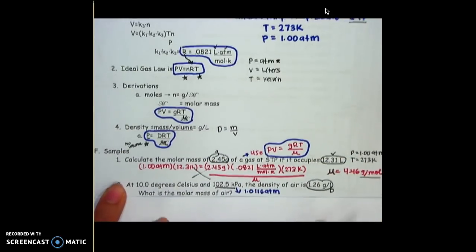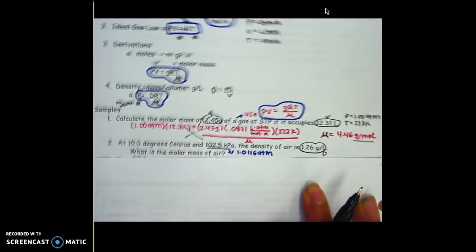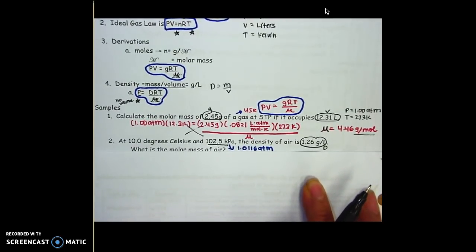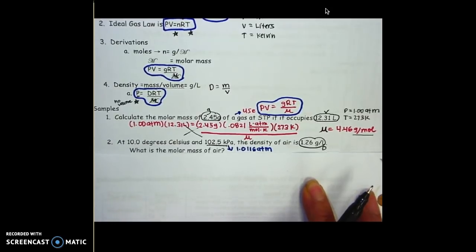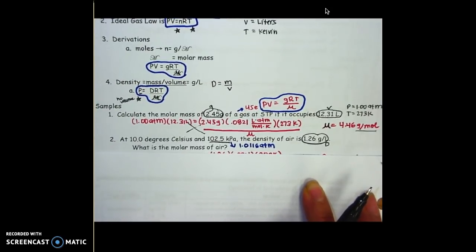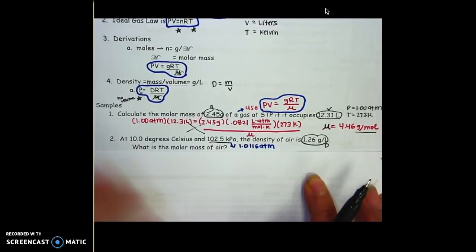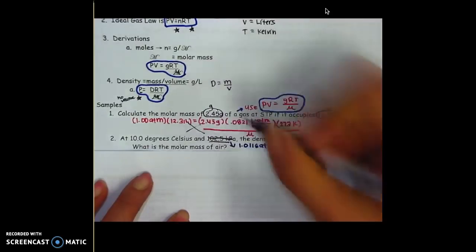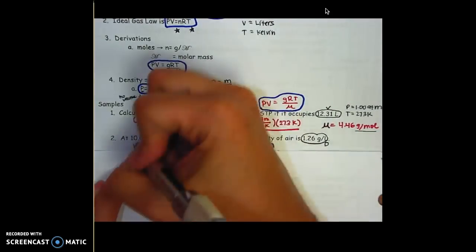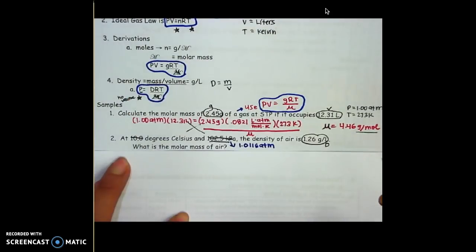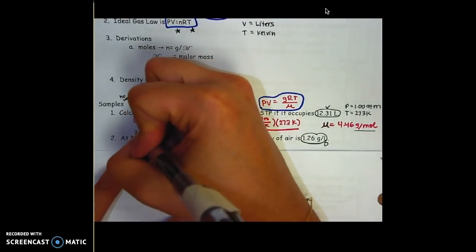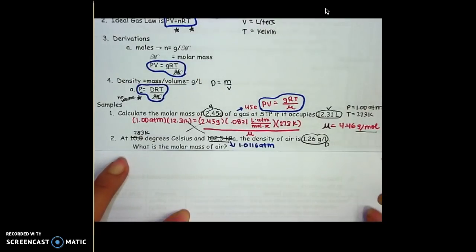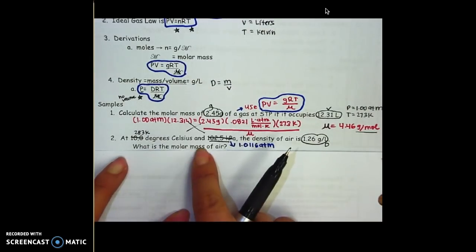So one of the very first steps I did was using the conversions that you learned on day 1 of notes. You know that 1 atm is equal to 101.325 kilopascals, and I divided to get it to 1.0116 atm right there. So I'm not going to be using this number, I'm going to be using that one. Another thing you probably want to change is it's 10 degrees Celsius, but you want Kelvin, so it's going to be 283 Kelvin that I'm going to be using. And one more time, I'm solving for the molar mass of air.